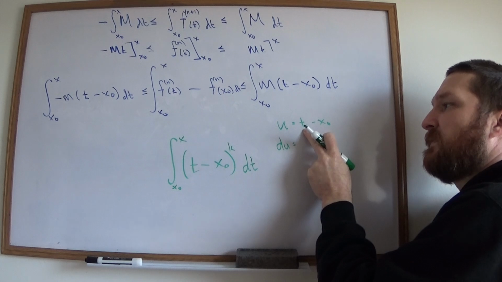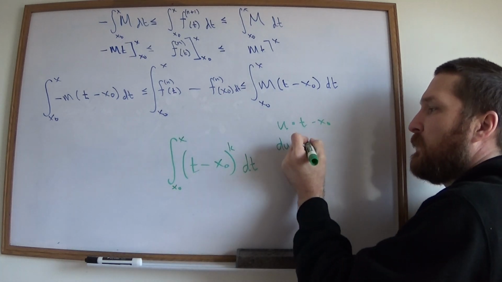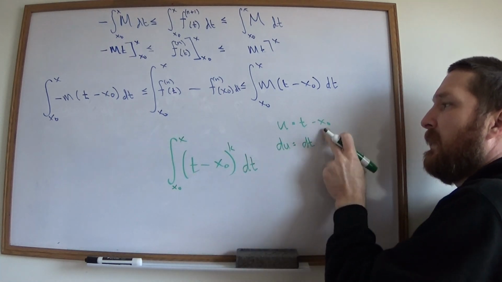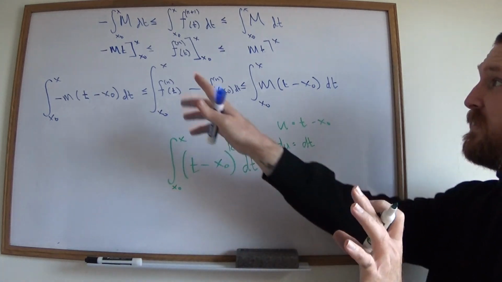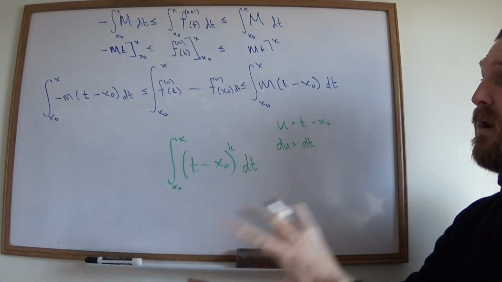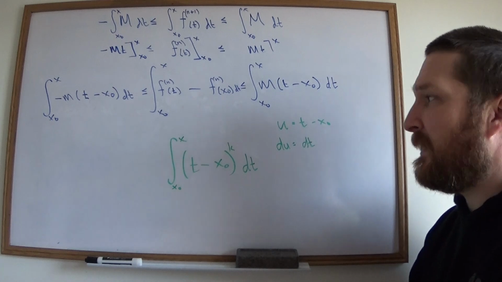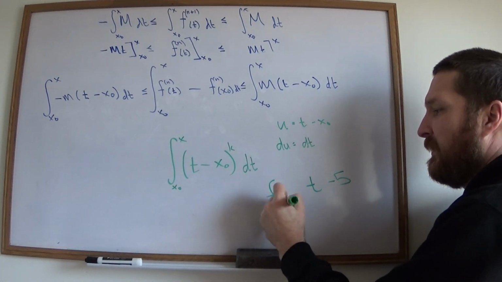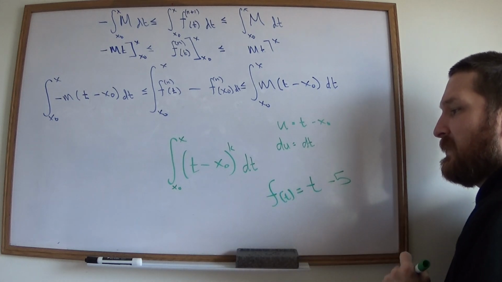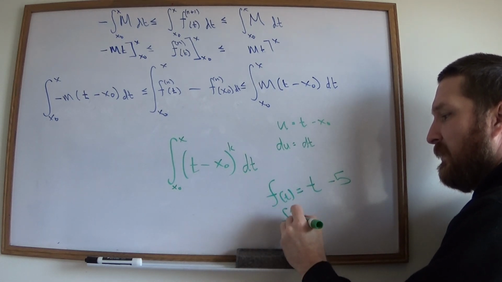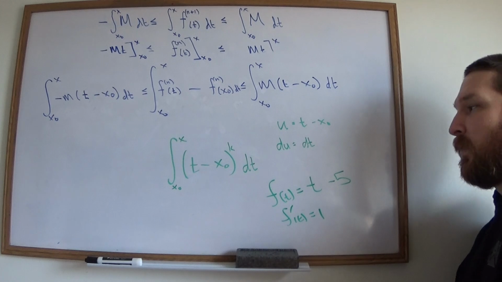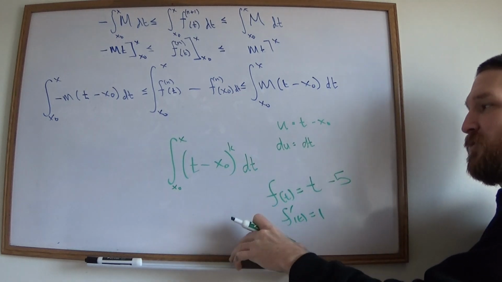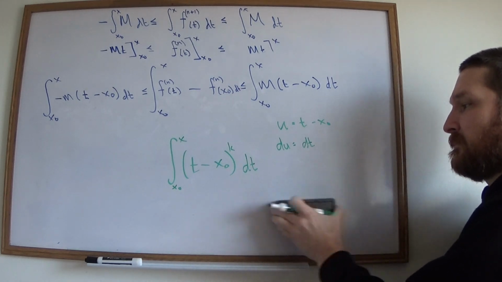The derivative of t with respect to t is 1, or as we call it, dt. x0 is a constant. Remember, this whole time, x0 is some constant that we chose. It's like 5. So you have t minus 5, take its derivative, and that should just give you 1, or as we do when we're doing this, it's just dt.